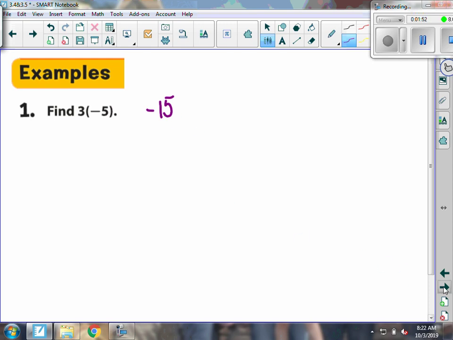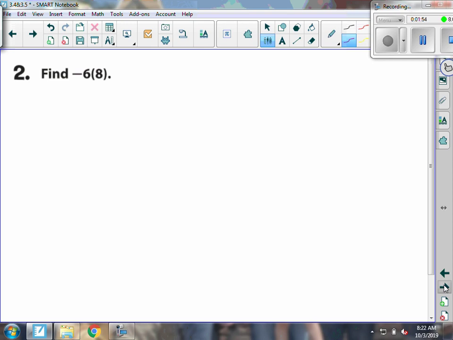Okay, that should be pretty easy. Copy this one down. Negative 6 times 8. 6 times 8 is 48, so negative 6 times 8 is going to be negative 48.